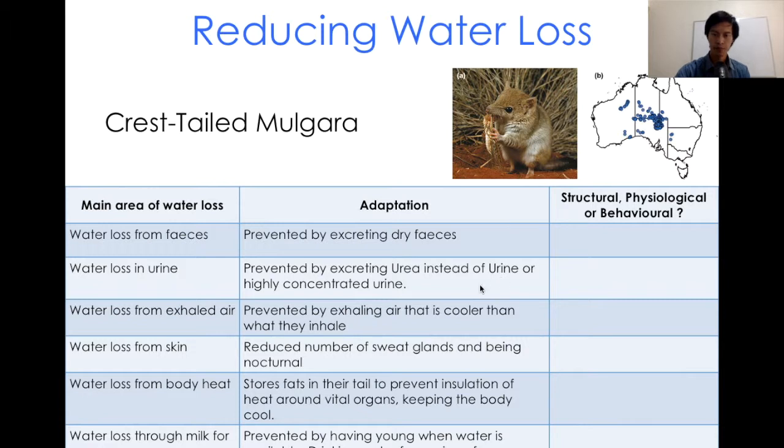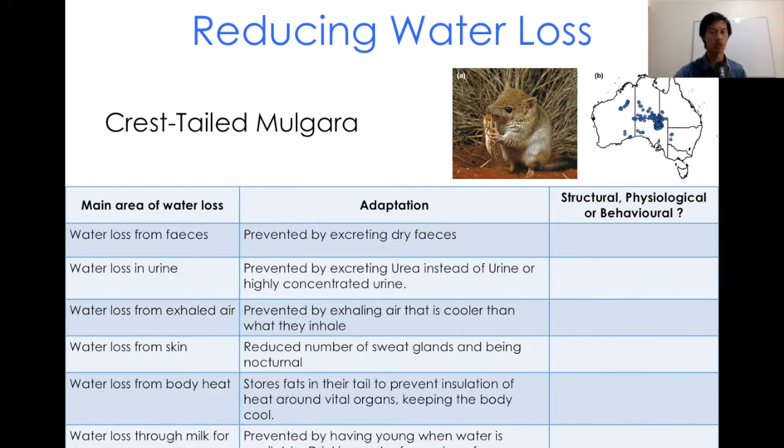Water loss in urine is reduced by producing highly concentrated urine. Water loss from exhaled air is prevented by exhaling air that is cooler than what they have inhaled. By making it cooler, it retains more of the water moisture within the air.